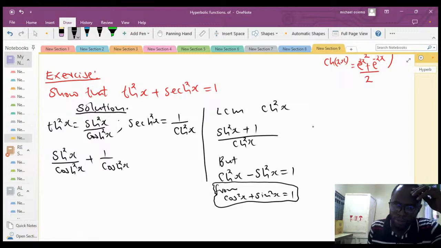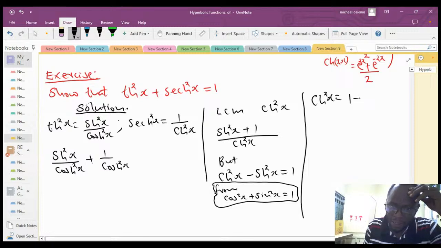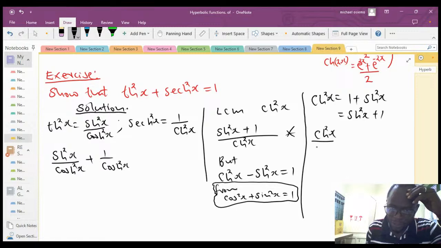So from this one, you can have that ch squared of x is equal to 1 plus sh squared of x, which is the same as sh squared of x plus 1, like that. So we can now substitute into our function. We're going to have it as ch squared of x over ch squared of x, which is equal to 1. So that is the end of the proof.